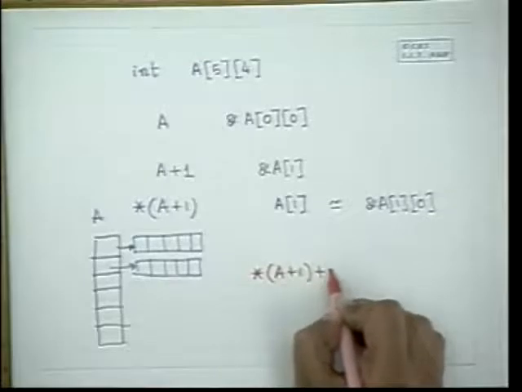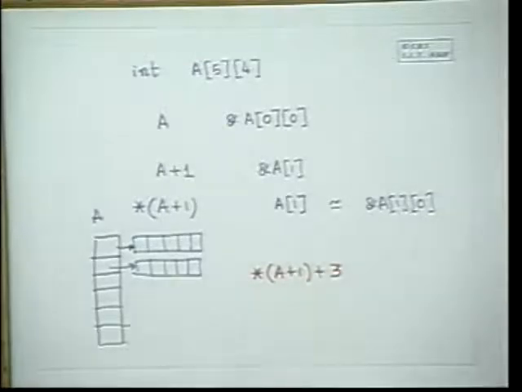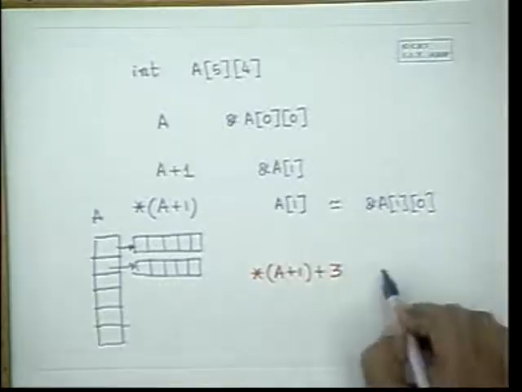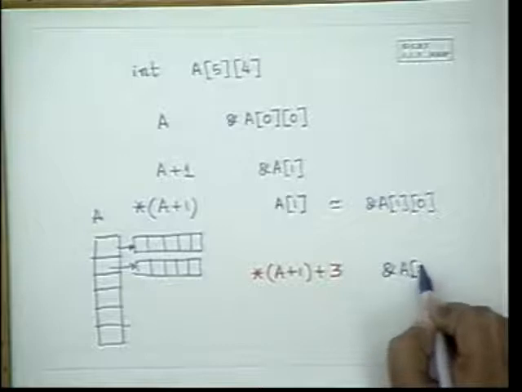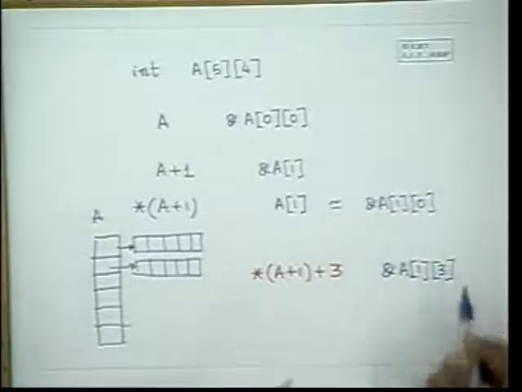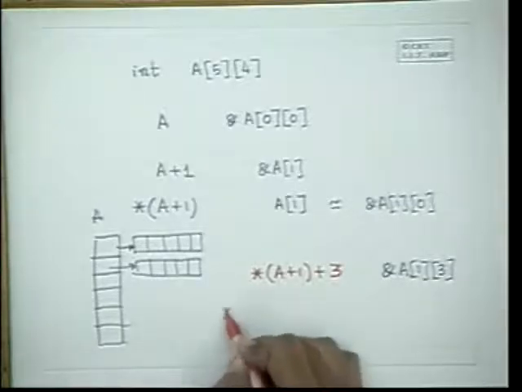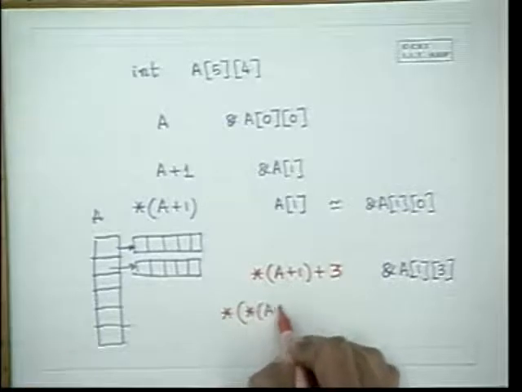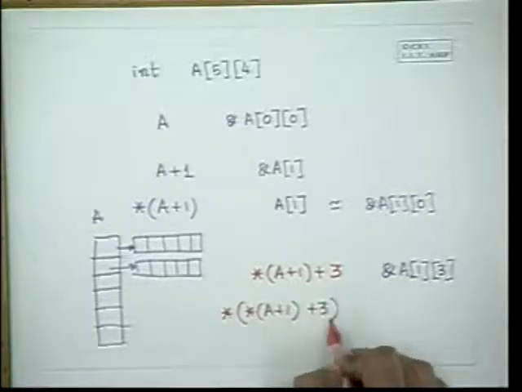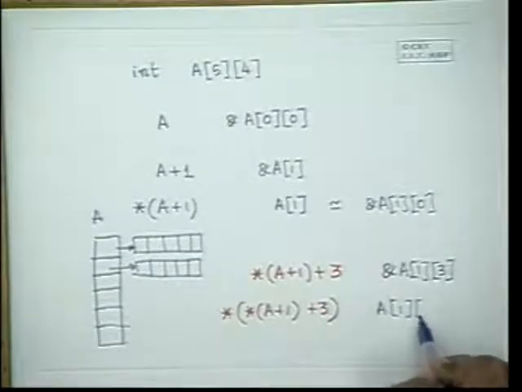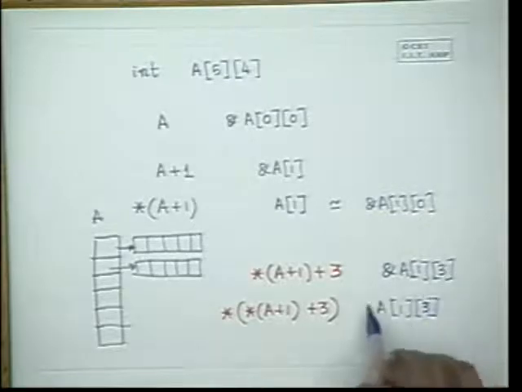So what is star of (A plus 1) plus 3? It is the address of the location A[1][3], and star of that will give you the value of the actual location, because now this ends up in a slot which is an integer.